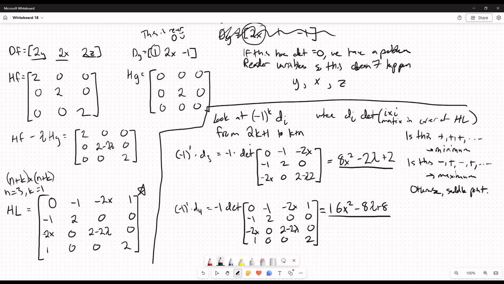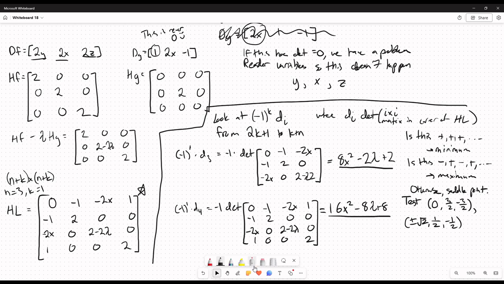So we're then going to test our points. We had the points 0, 3 halves, -3 halves, and plus or minus square root of 2, 1/2, -1/2, if I recall correctly.